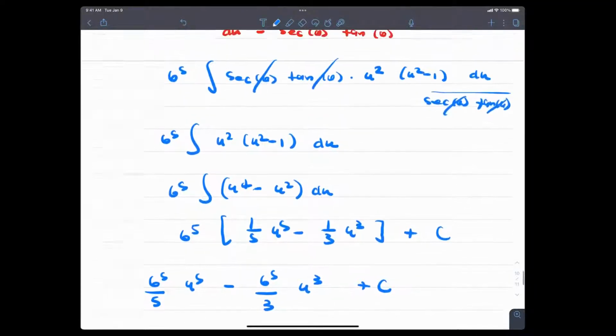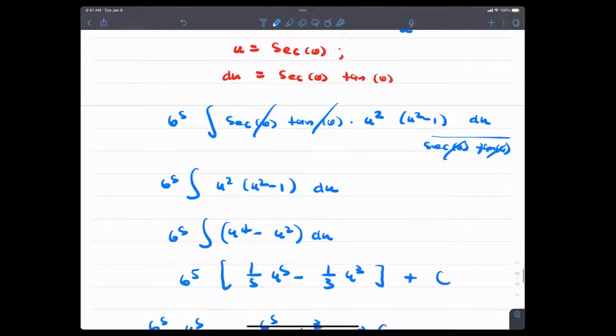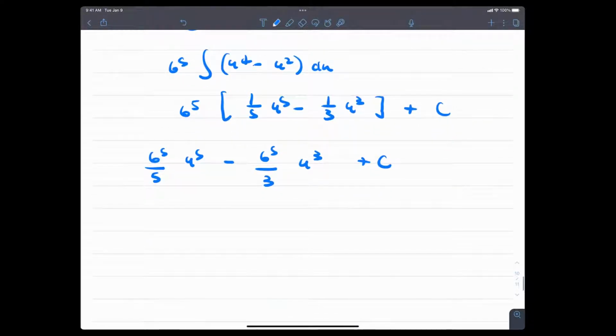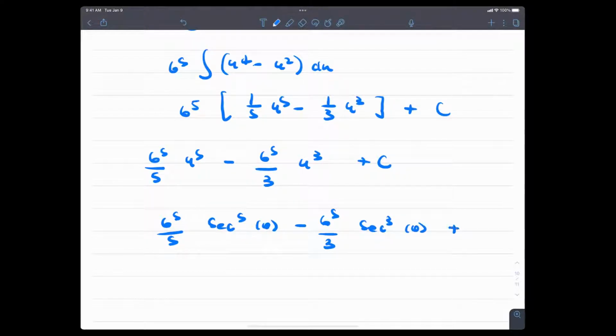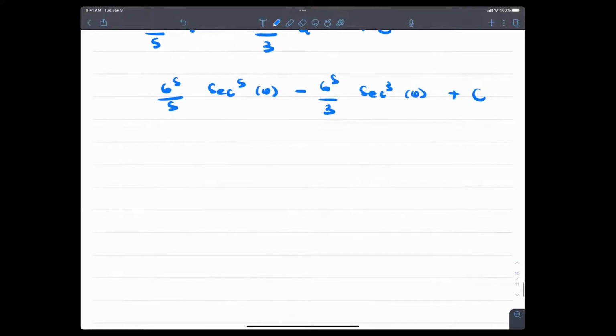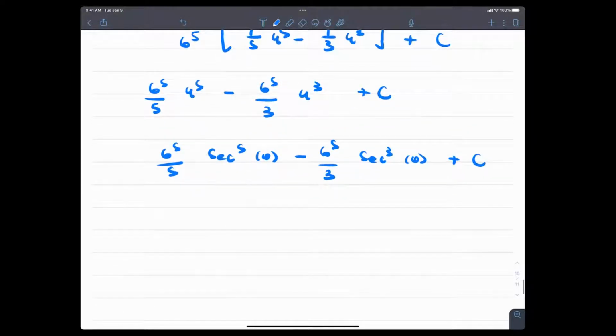And we have to remember, what was our u? u is secant. Okay. Secant to the 5th theta minus 6 to the 5th over 3 secant cubed theta plus c. So in other words, because our u was secant, we integrated a trig integral using u sub.